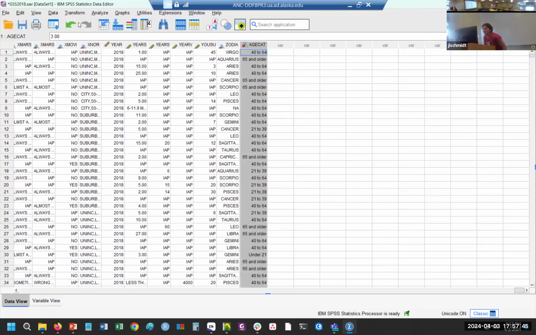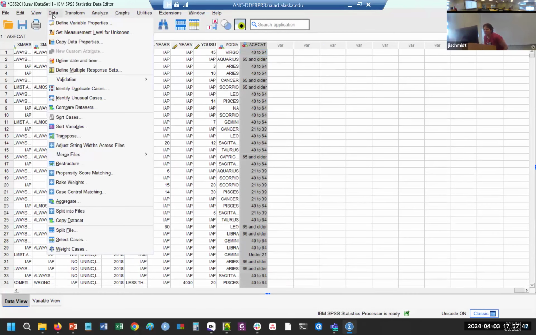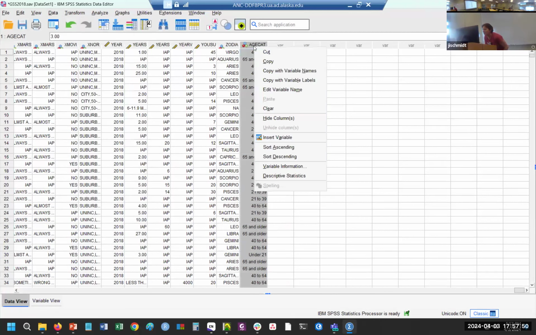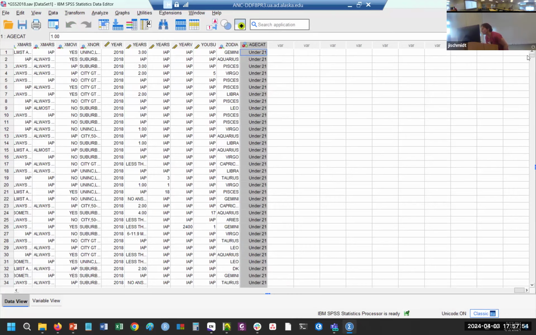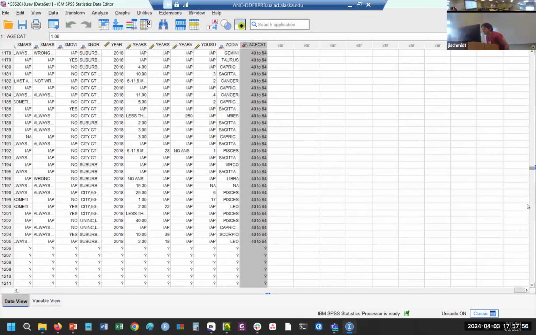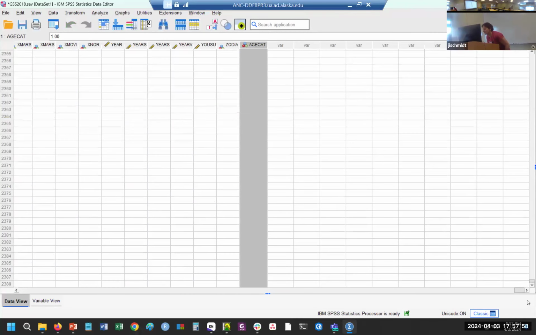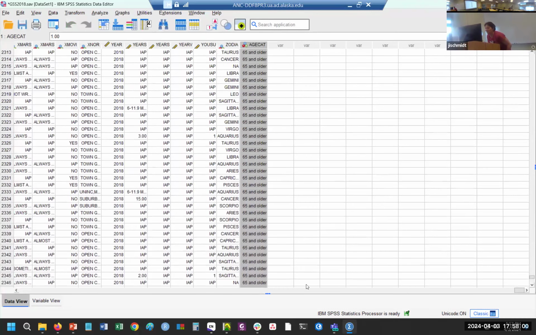Let me see if I can filter this at all. Let me see if I can sort and see under 21. Let me see if there are any missing values in here. Probably very rare.